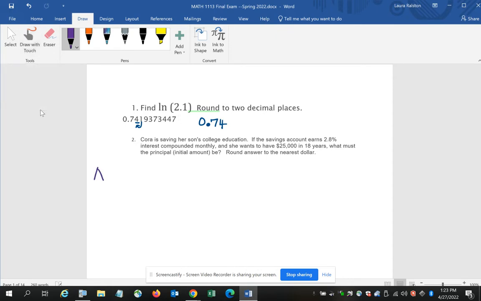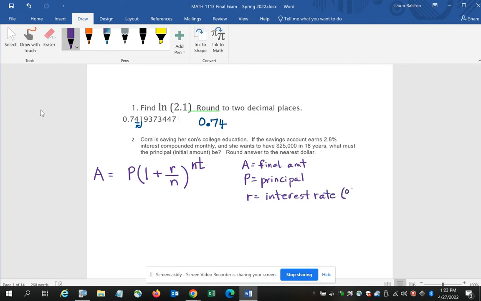My formula is A equals P times (1 plus r divided by n) raised to the nt power. A is your final amount. P is the principal. How much money did you start with? R is the interest rate, which typically is stated as a percentage, but when we do the calculation, we use it in decimal form.